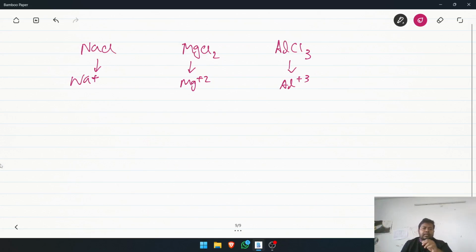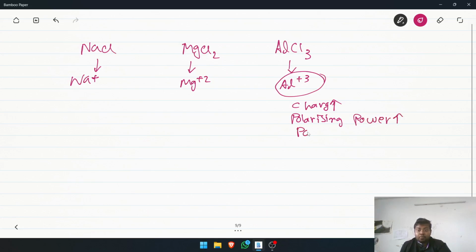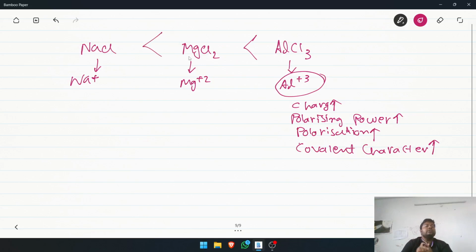Now we can say a very important thing here. As the charge is increasing, the polarizing power is increasing and polarization will be more. So we can say that covalent character will be more. So AlCl3 has the most covalent character here.